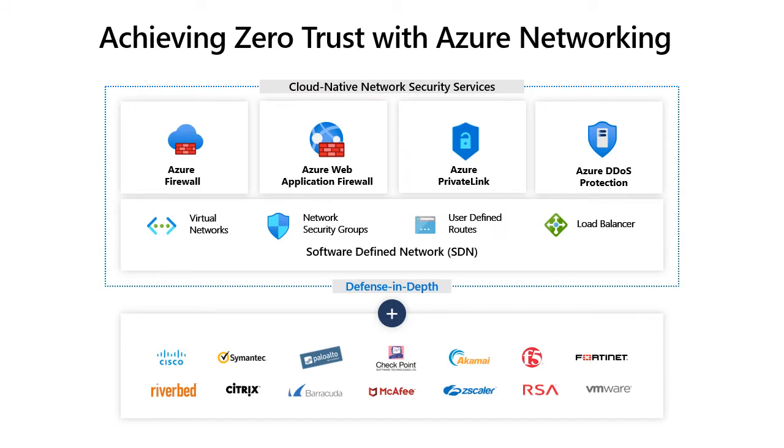So the way you put it together here is that the different cloud native security services, which includes firewalls, WAF, DDoS protection, you can actually combine this, and we have a lot of customers that do this, combine this with other protection capabilities provided by a number of our marketplace partners over here.